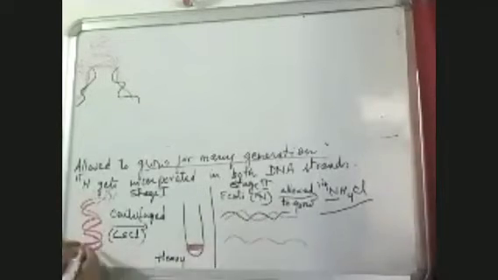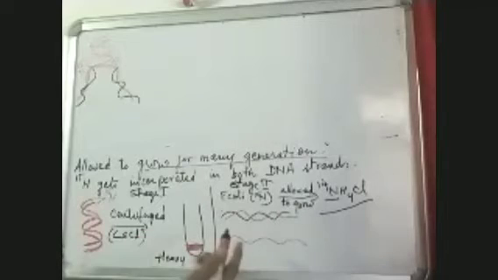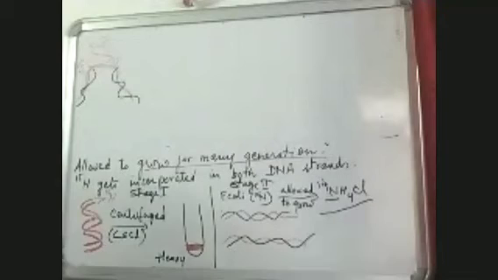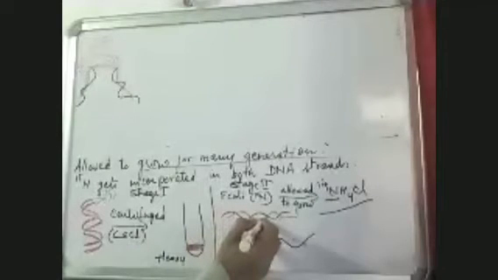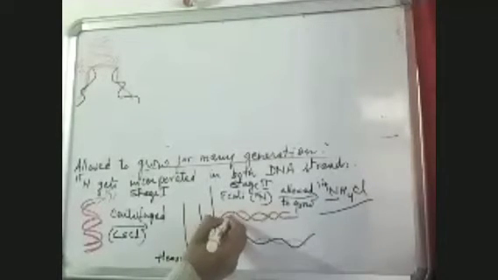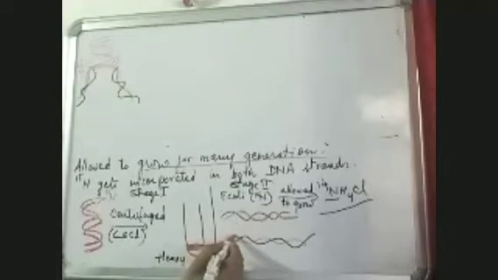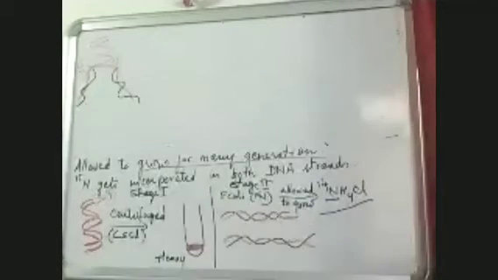So the black one is the new strand formed, and the red one is the old strand. So after replication in the normal medium, this happened. Is it clear to you?